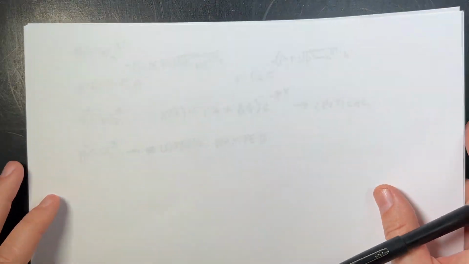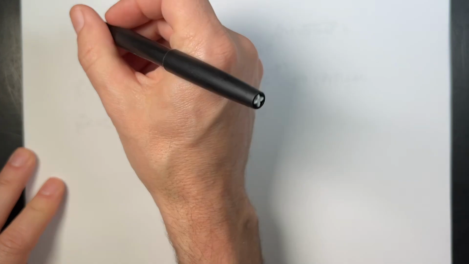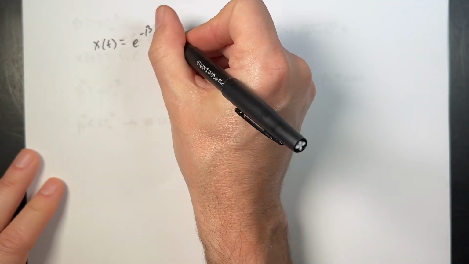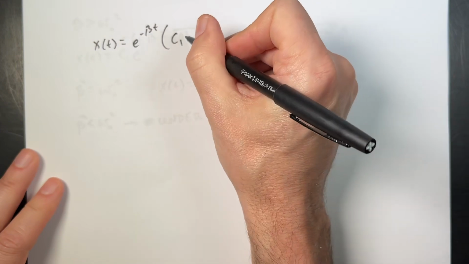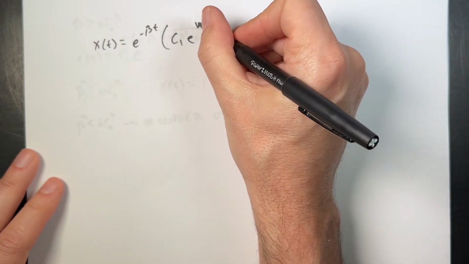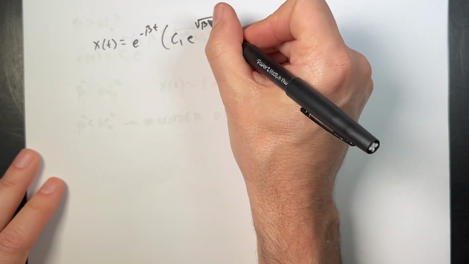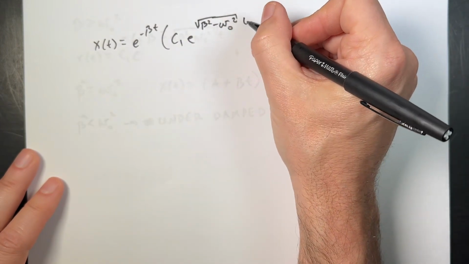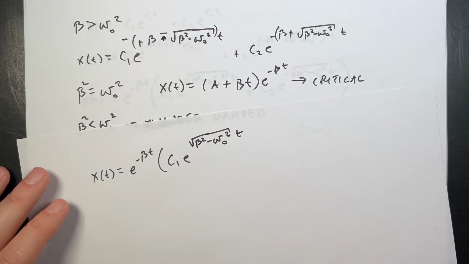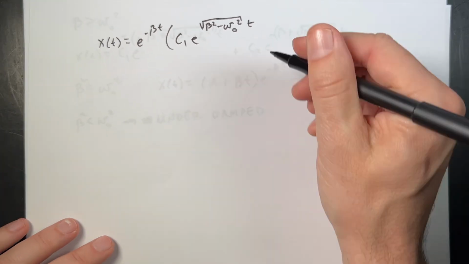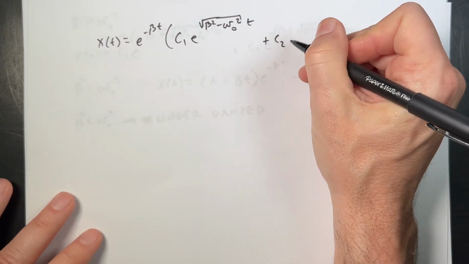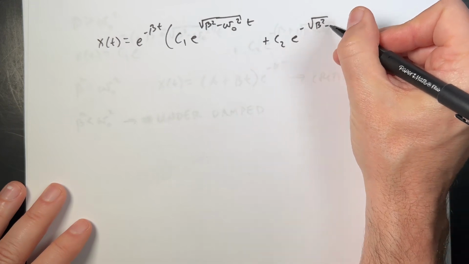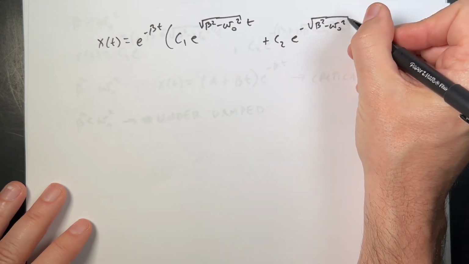X as a function of t is e to the negative beta t times c1 e to the square root of beta squared minus omega naught squared t, plus c2 e to the negative square root of beta squared minus omega naught squared t.